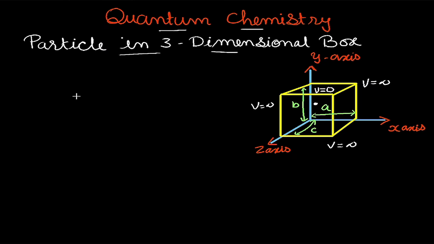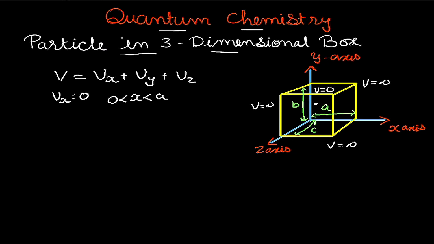but the particle will only exist inside the box. Inside the box, we can write that the potential energy V is the sum of the potential energy along the x-axis, plus the potential energy along the y-axis, plus the potential energy along the z-axis. The potential energy along x will be zero under the condition that the particle lies between 0 to a.